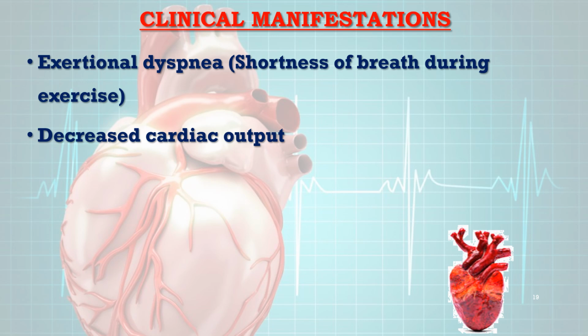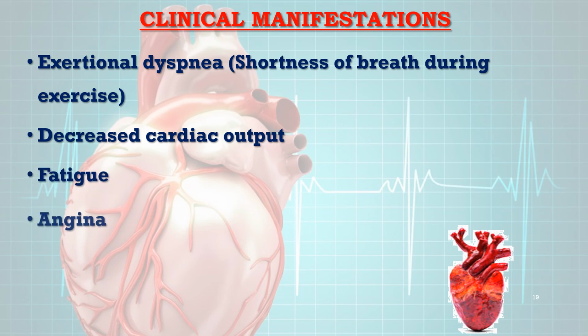Usually we know the normal ejection fraction is 55 to 70 percent. So when it decreases, the patient ends up with further problems like vital organ perfusion and peripheral perfusion being interrupted. Similarly the patient comes with shortness of breath or dyspnea.